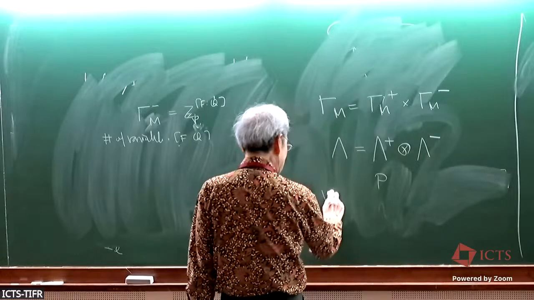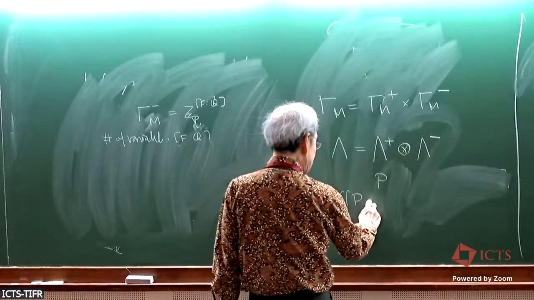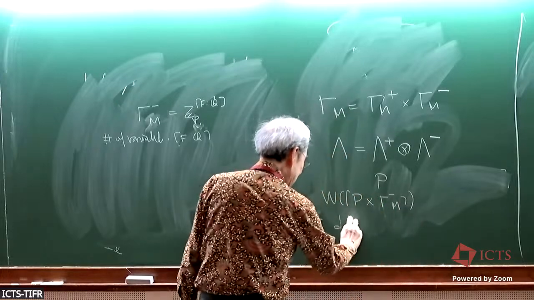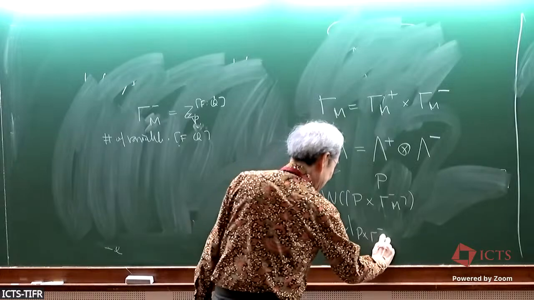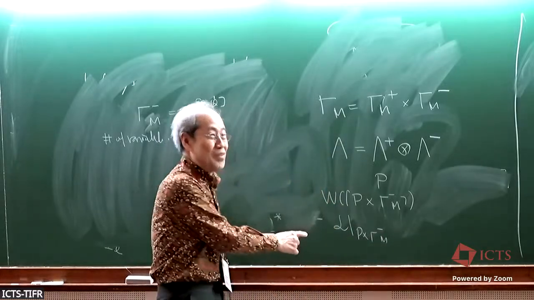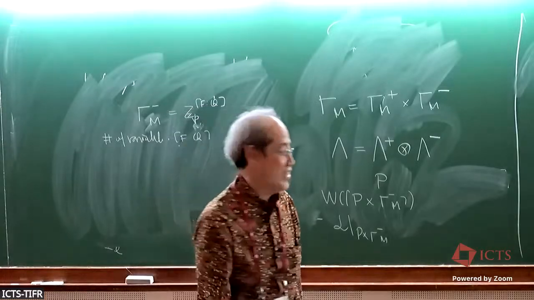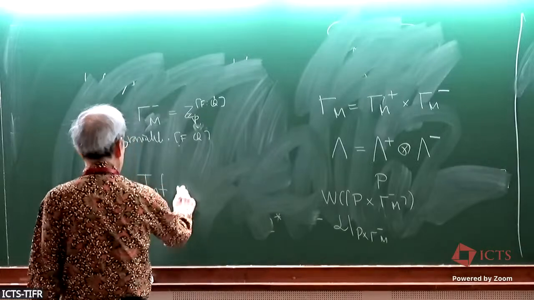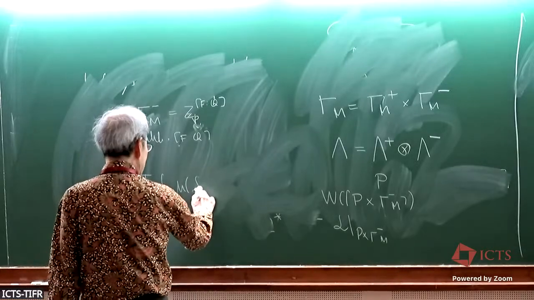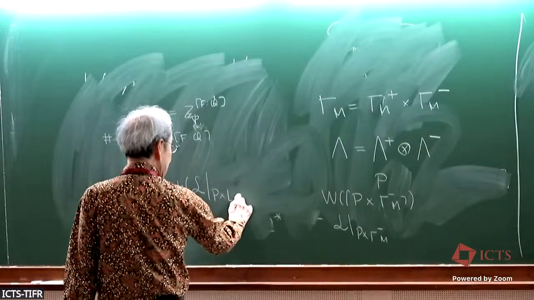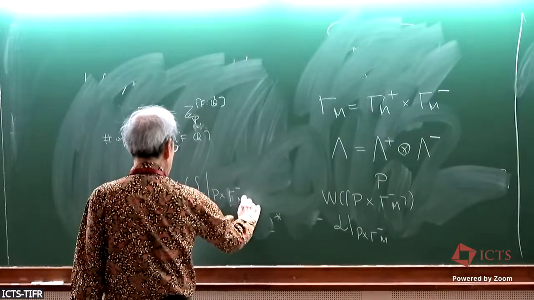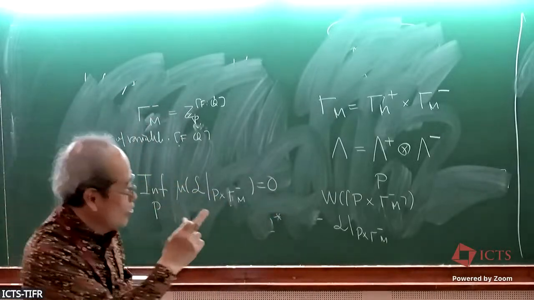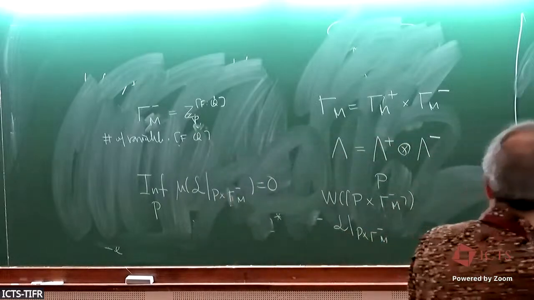In other words, I consider the invariant P times gamma minus M. So you restrict the Katz measure to P times gamma minus M. I can still compute basically the mu invariant on this. And actually what I proved is that, as you move around P, the inf of mu of this L restricted to P times gamma minus M is actually 0 without any condition, no splitting condition necessary.